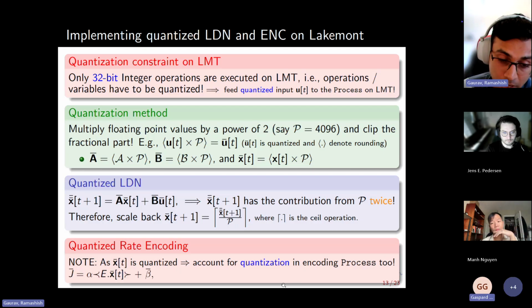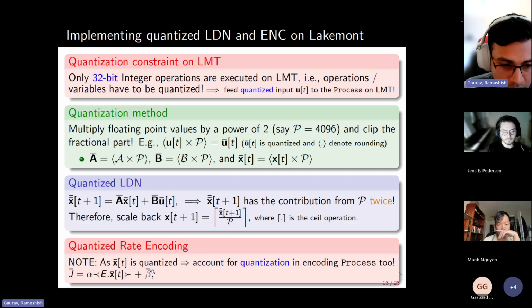The IF neuron equations that I'm using in the encoding layer are picked up from the neural engineering framework theory. So you have your current J and the encoder values E multiplied by X bar T. Alpha is the gain here, beta is the bias here.